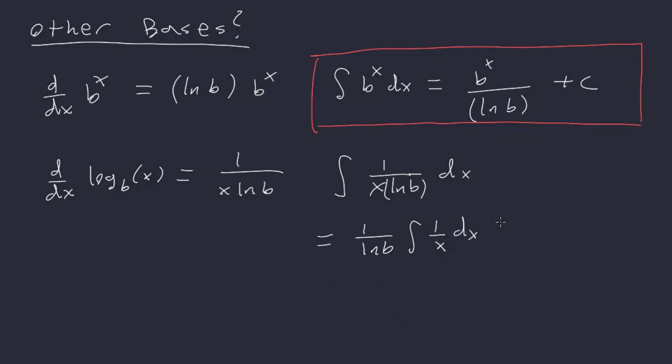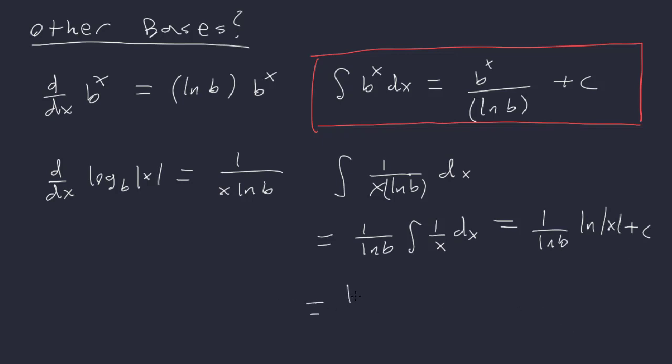Okay, and so we end up with, and actually, that should be absolute value there. Sorry about that. And based on what we have before, the integral of 1 over x is just the natural log of absolute value of x plus c.